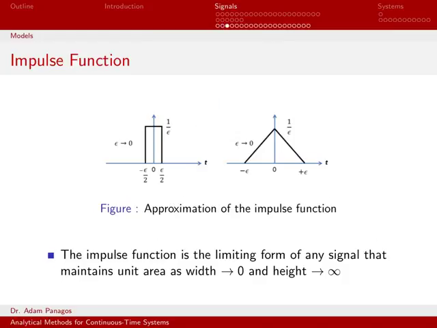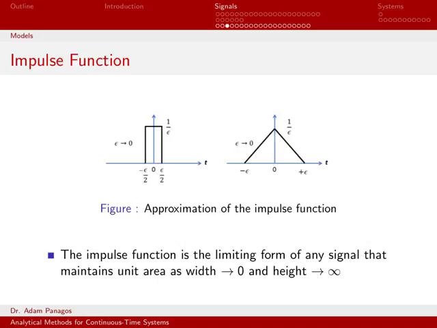So we've talked about the unit impulse function being this infinitely tall, infinitely thin signal. Another way of thinking about this signal is to think of it as the limiting form of a signal. So let's talk about that. Let's start over here on the left with this rectangle signal. If you look at this rectangle, epsilon is a parameter, so epsilon can be any number greater than 0.